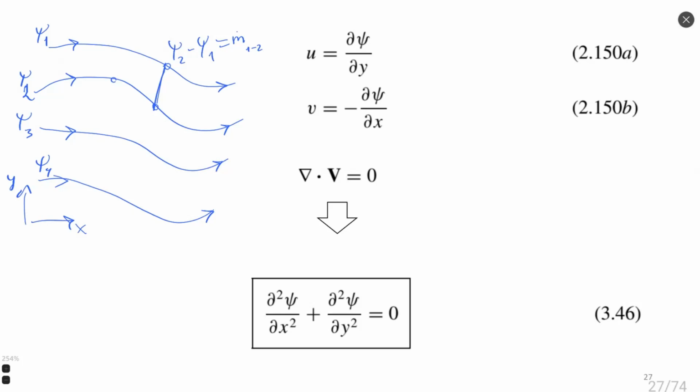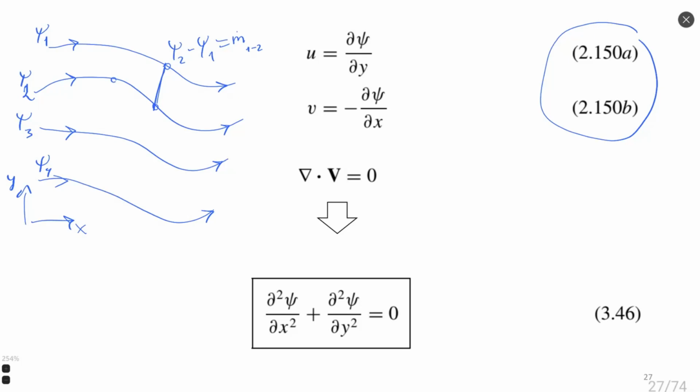The streamline function is extremely simple; it can be written as a function of velocity components. In the case of incompressible flow it is very simplified. We saw it last time, equations 150 A and B. The streamline function has two components, so there are two equations describing it in terms of the U component of velocity and the V component of velocity.